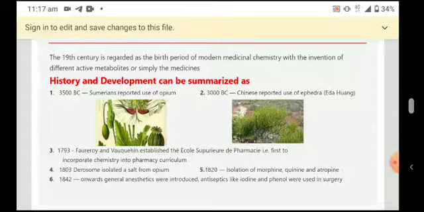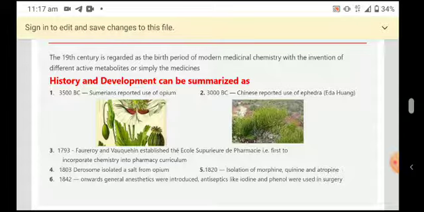Its use is reported in the year 3000 BC. The third point is that Favourite and Valerian established the École Supérieure de Pharmacie, the first to incorporate chemistry into the pharmacy curriculum. The chemistry branch was introduced into the pharmacy field by Favourite and Valerian in the year 1793.